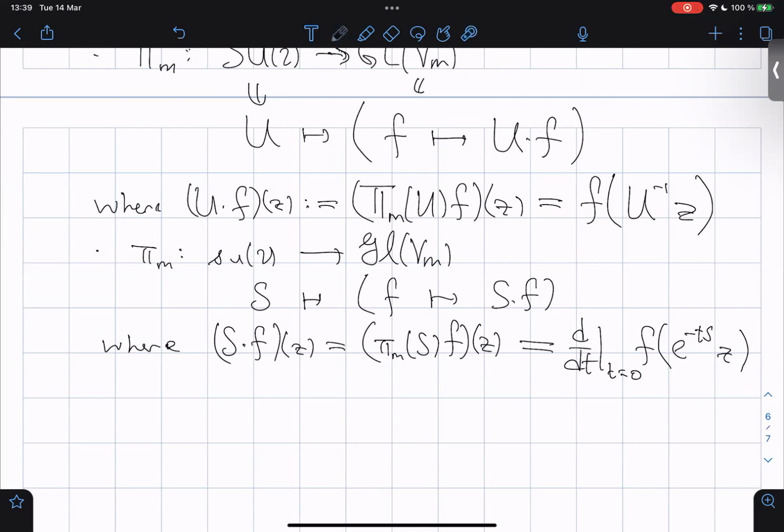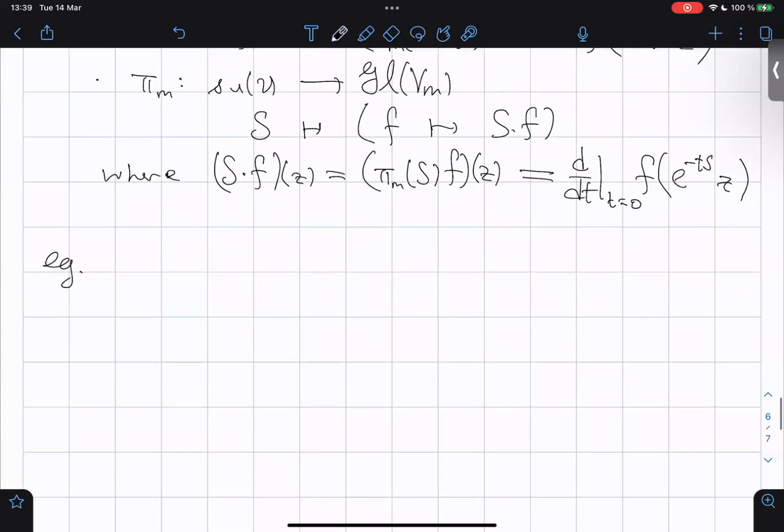Okay, so let's make this concrete in an example. Let's let U be diagonal, e to the it and e to the minus it. So let's take this matrix here.